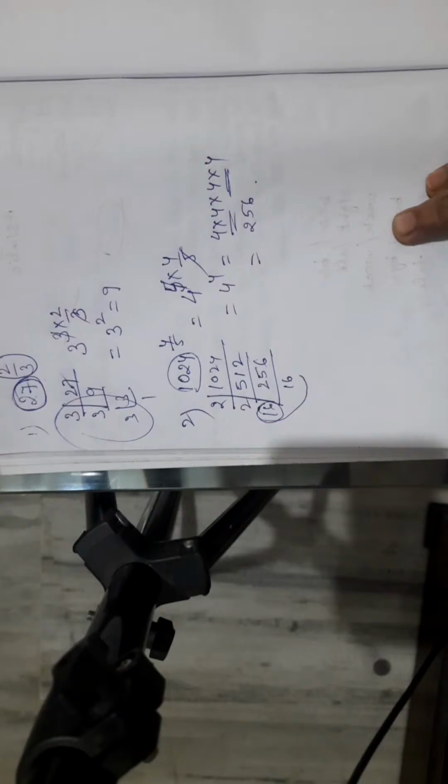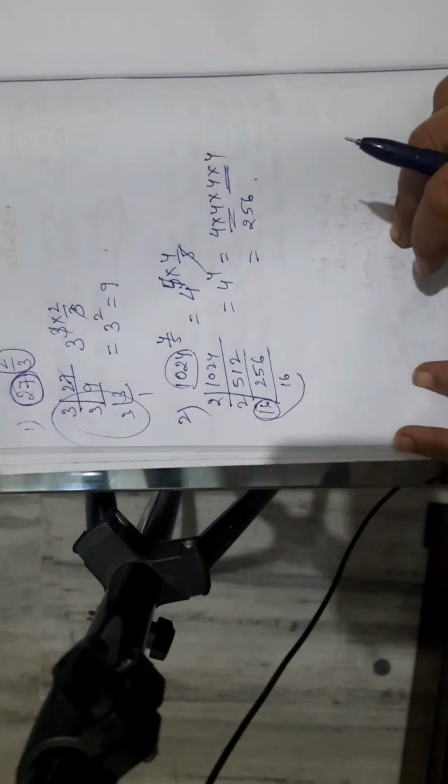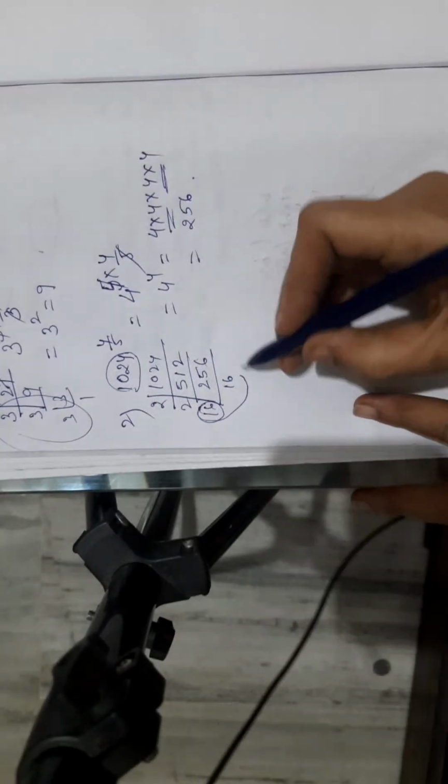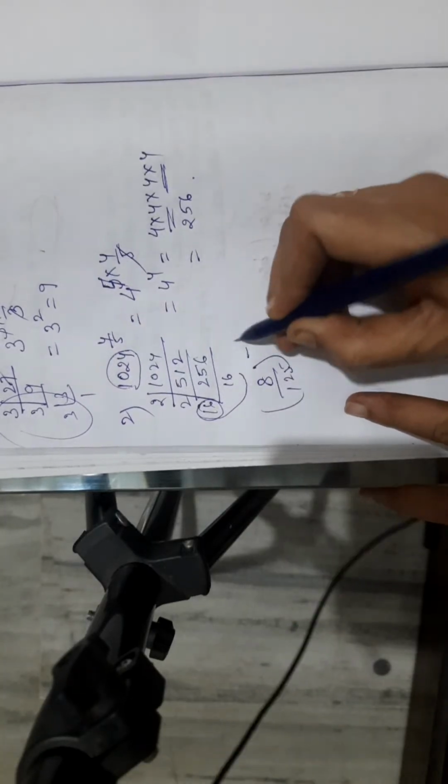Okay, now the next question. Few minutes only. Now the next question is 8 upon 125, raised to minus 4 by 3.